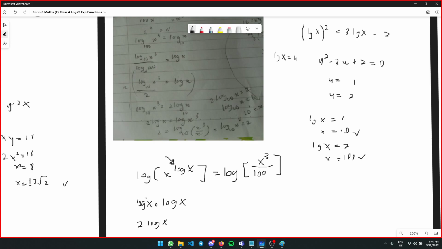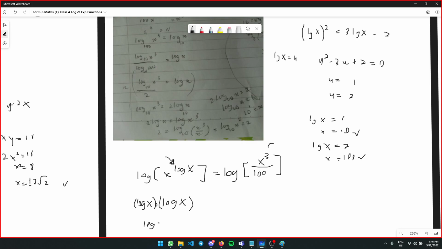This log times log, you're multiplying the whole function. This is not the same as log x to the power of 3. This 3 refers to the x. Here, this square is actually referring to the whole function of log itself. That's why this becomes log squared.